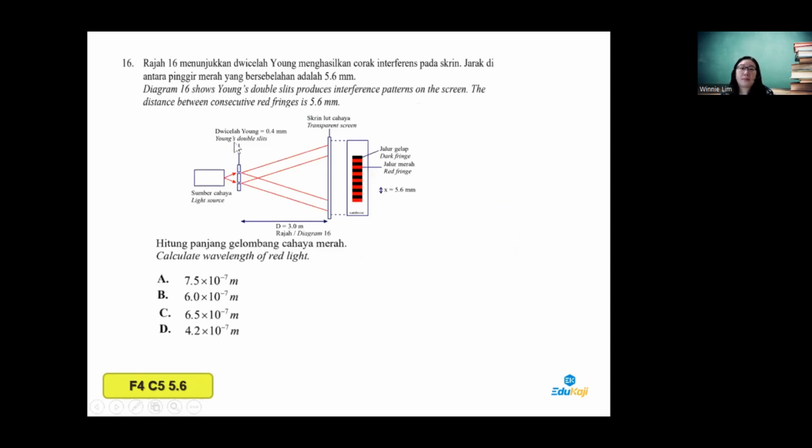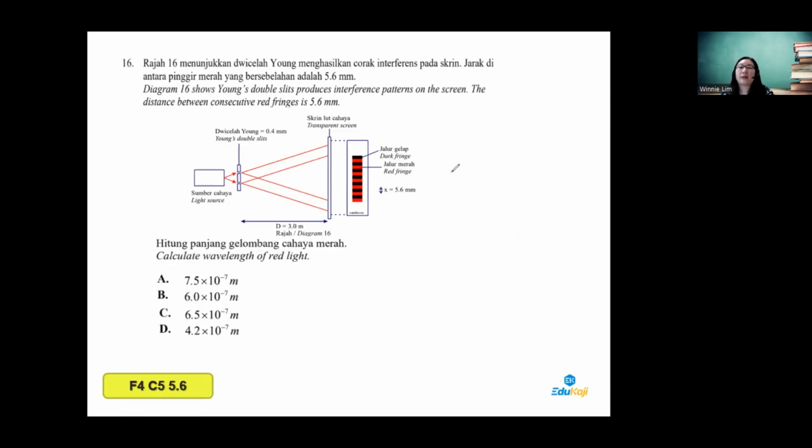Okay, number 16 is under the idea of interference. Diagram 16 shows Young's double slit producing an interference pattern on the screen, and the distance between the consecutive red fringes is 5.6 mm. Calculate the wavelength of the red light.